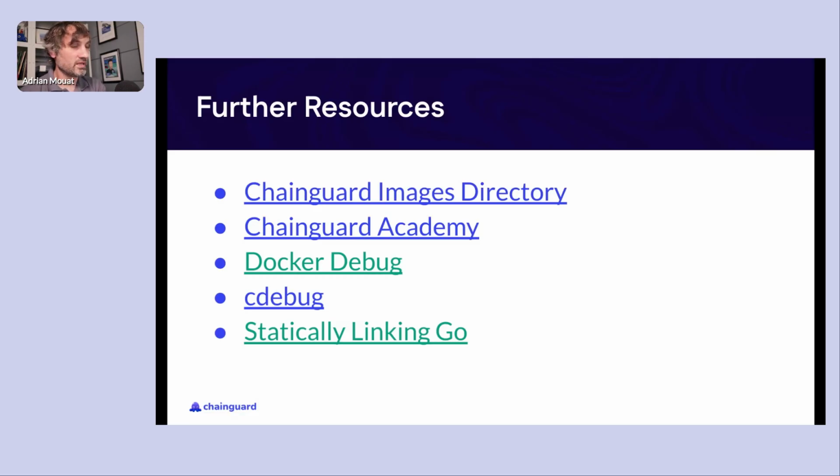There's also Docker debug and cdebug. And here's an article from Matt Turner on how to statically link Go applications. So this gets into all the nitty-gritty, in which cases a Go binary will be statically linked or not. Because it's a little bit more complicated than you may realize at first glance. The very nice blog.